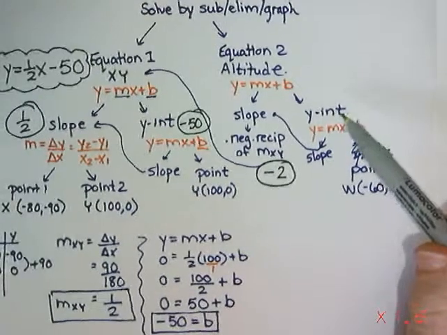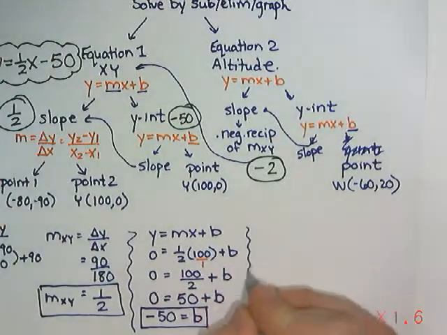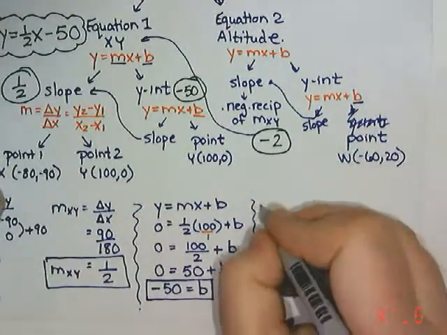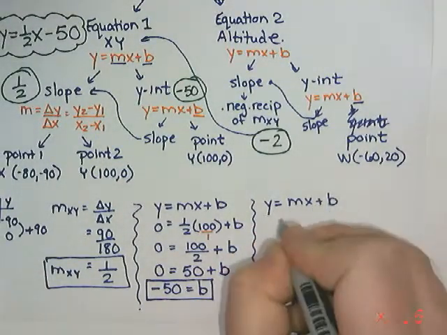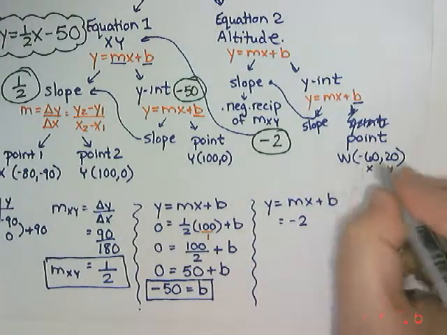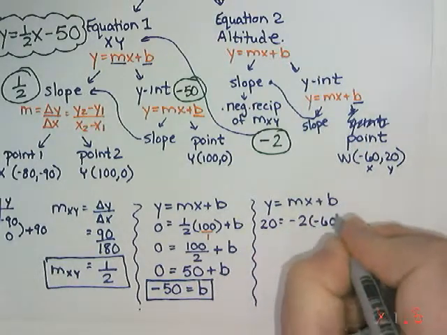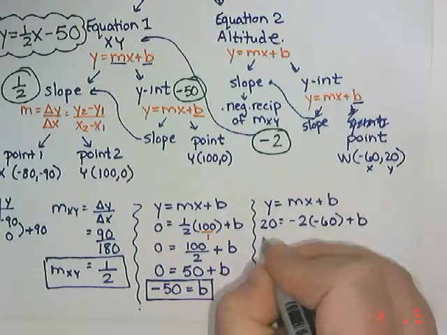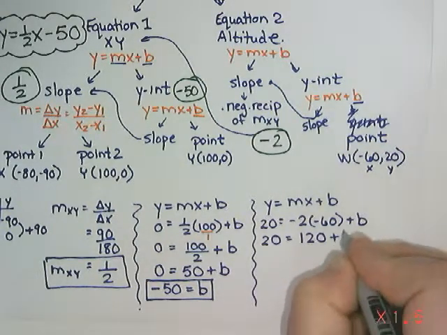And then I can find the y-intercept using y equals mx plus b. We put in -2 for our slope. And then my point x and y is going to be (-60, 20). So 20 for y, -60 for x. -2 times -60 is positive 120.